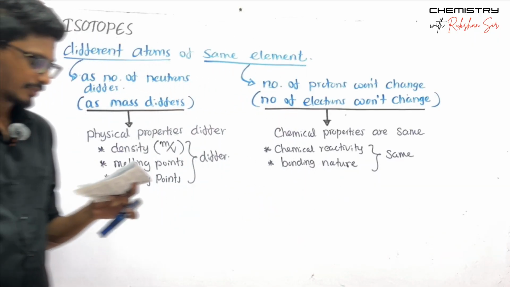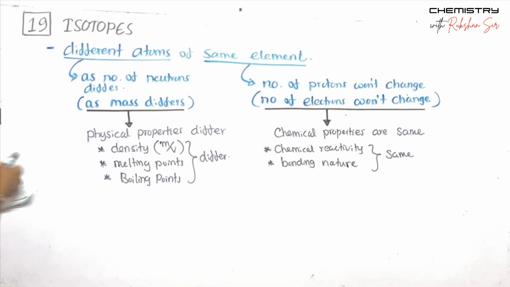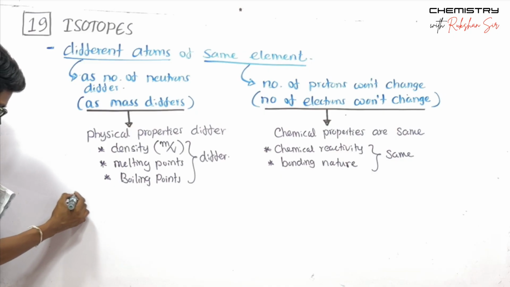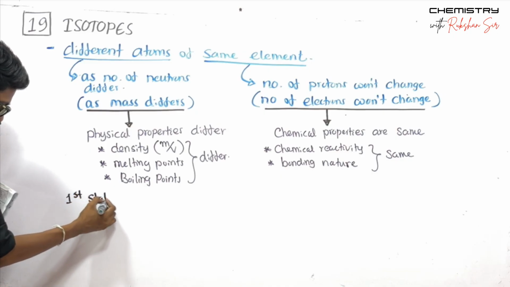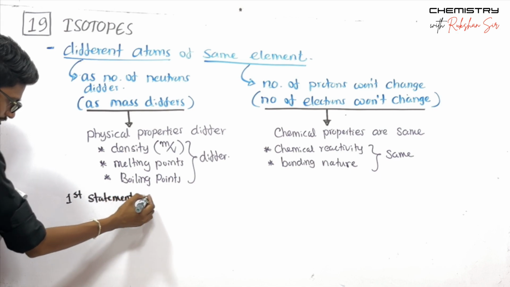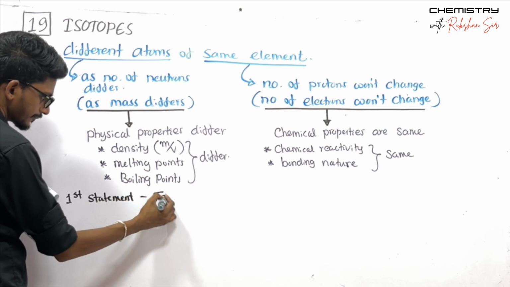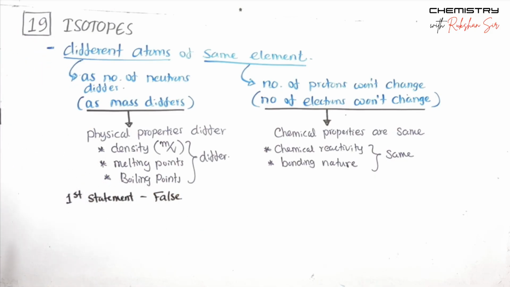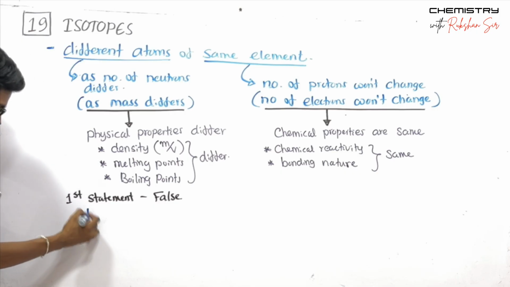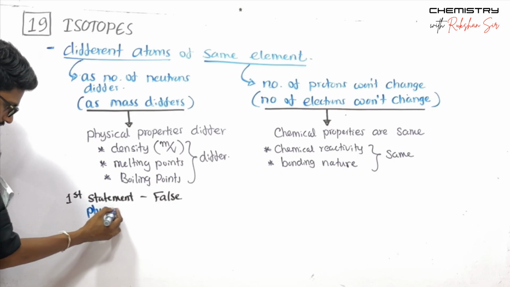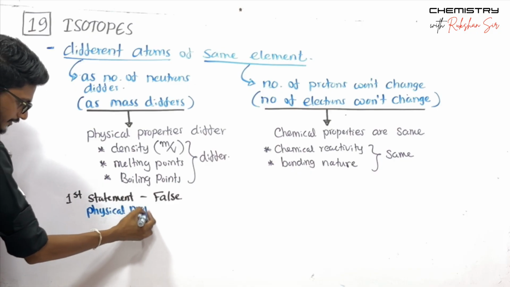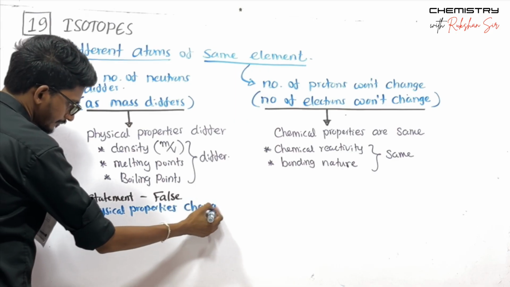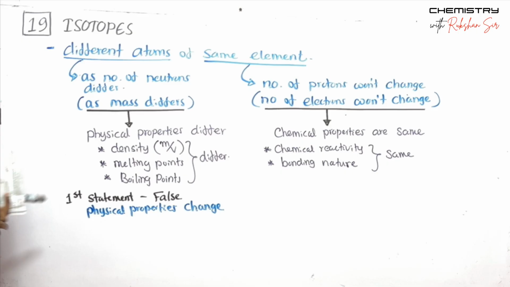Chemical and physical properties of isotopes are similar. No, that is false. First statement is false. Physical properties change as mass changes, right?